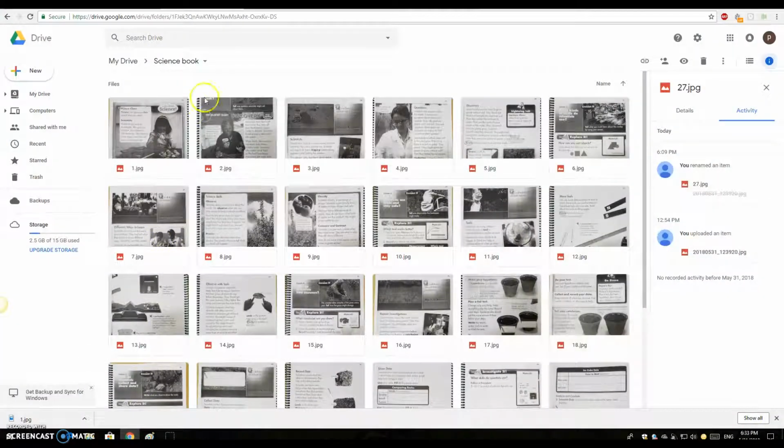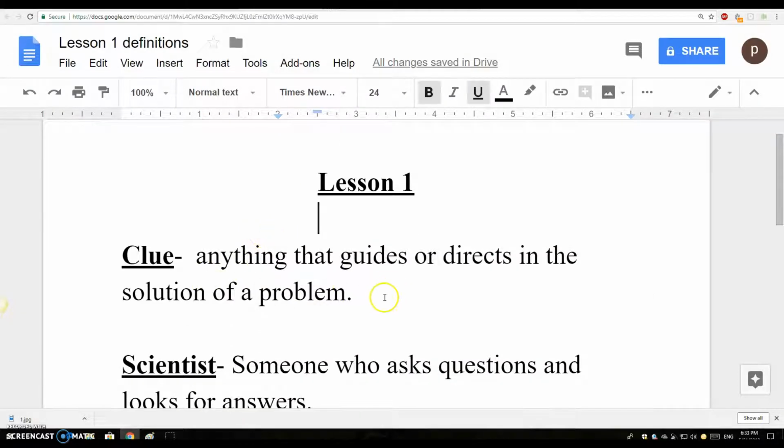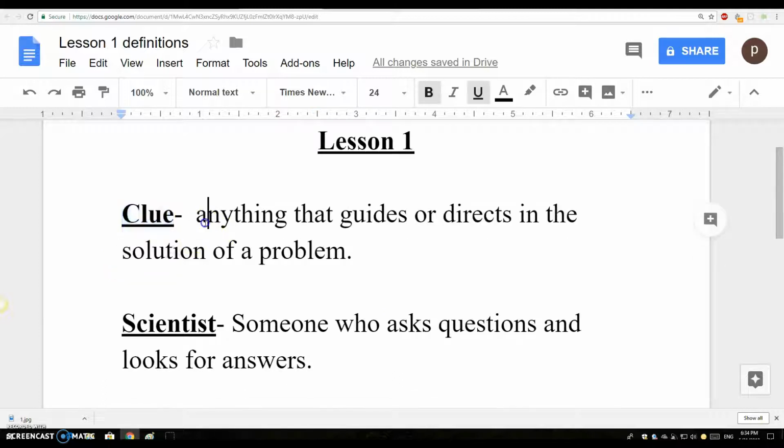Let's look. I have a definition for clue. A clue is anything that guides or directs in the solution of a problem.